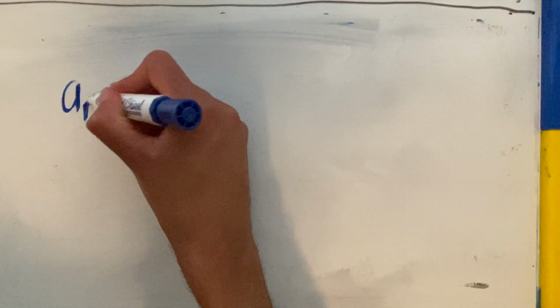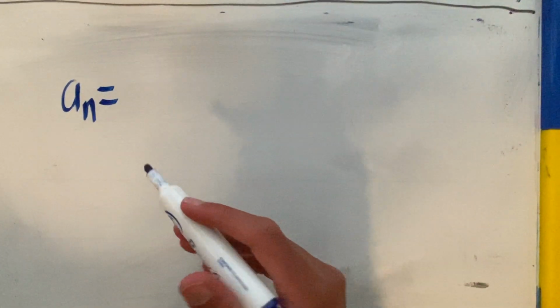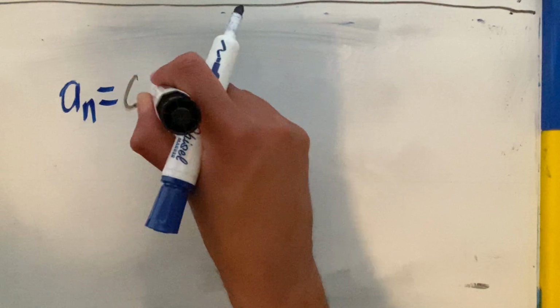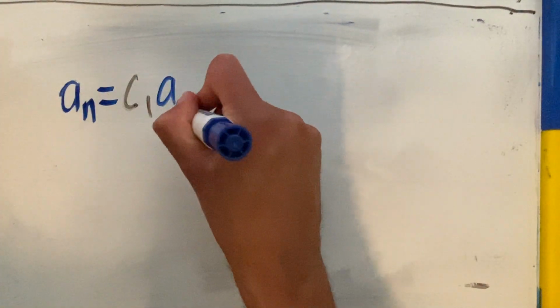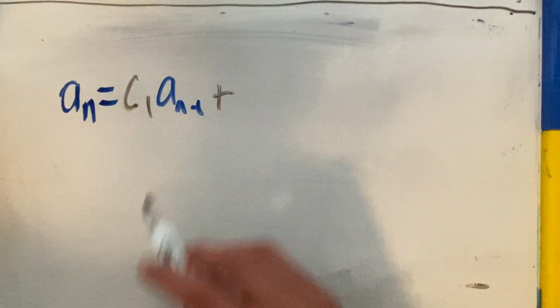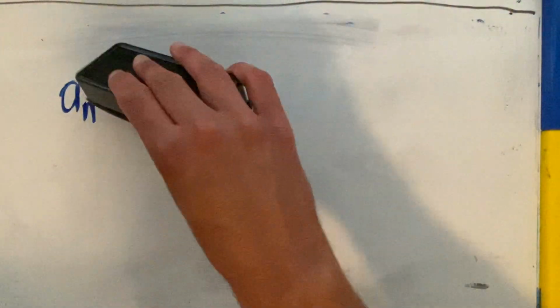So one challenge that you might have faced if you did try to do this by yourself is you're trying to say that a sub n equals some linear combination of preceding terms in a sequence. And recall we wrote this before as c1 times a sub n minus 1 plus, I may choose a different color for my constants from now on because this black marker is fading.